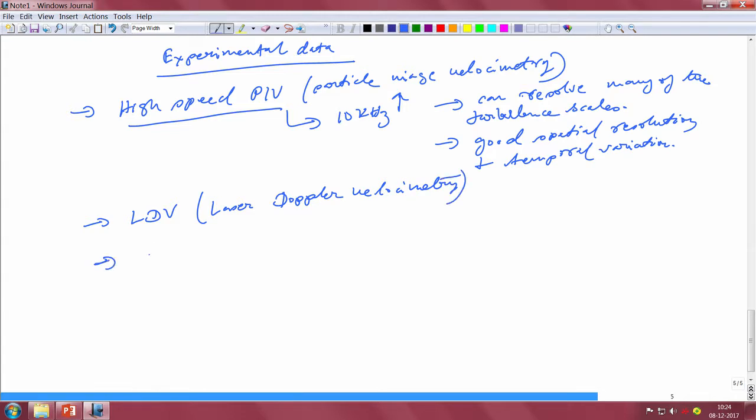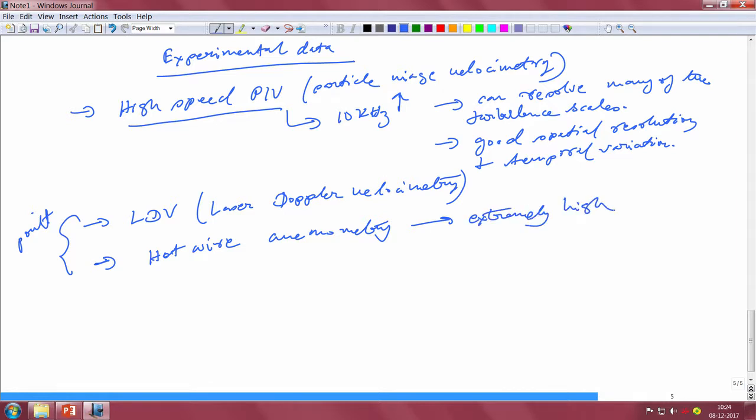Then you have something called hot wire anemometry. Both of these are point measurement techniques, which can give you extremely high temporal resolution.